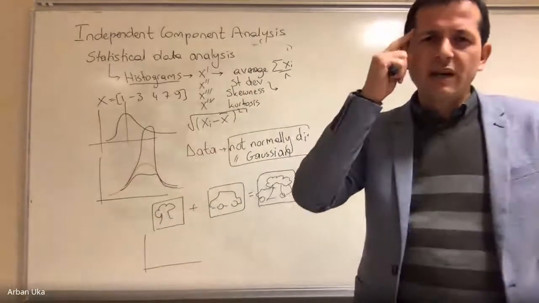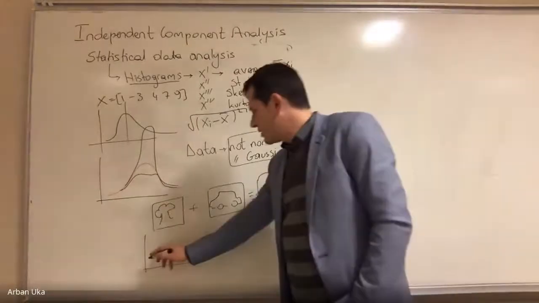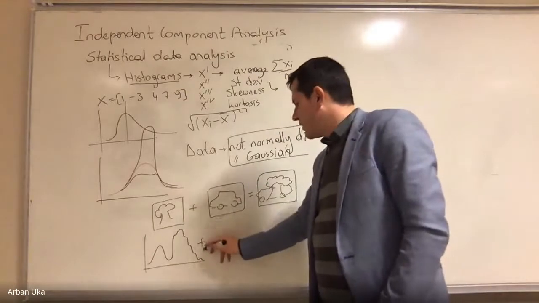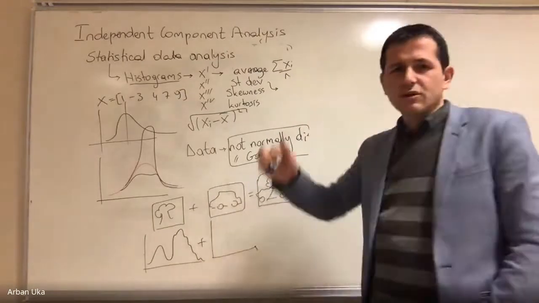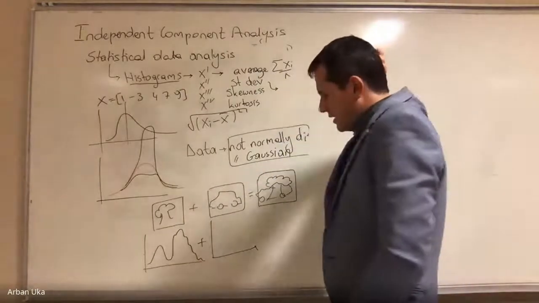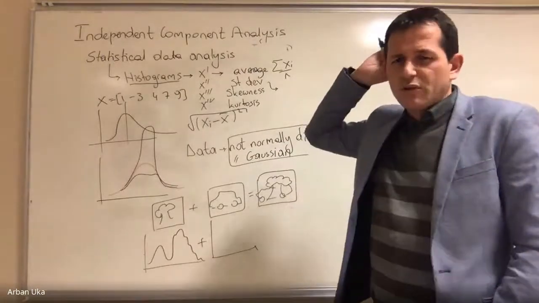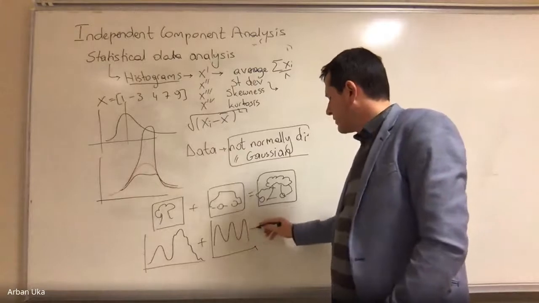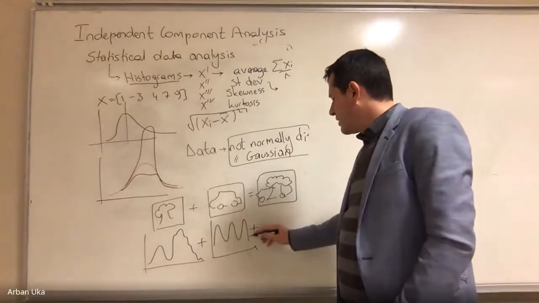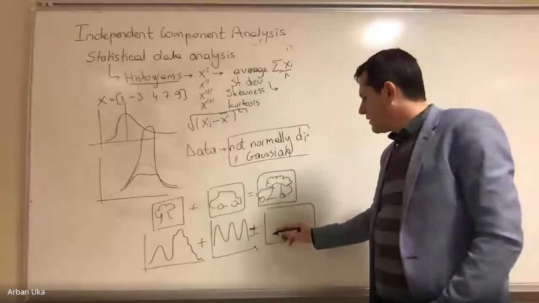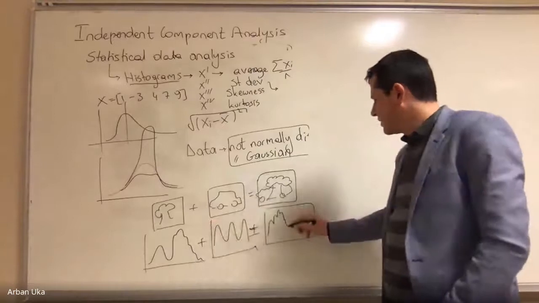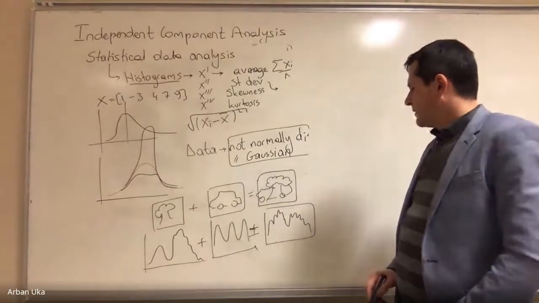Let's say you have an electrode located here, and the signal includes some features. Then you have another signal collected from a sensor at the back of your head, which looks different. If you add these two and look at the total graph, it might be this peak, modified by this high frequency down here.